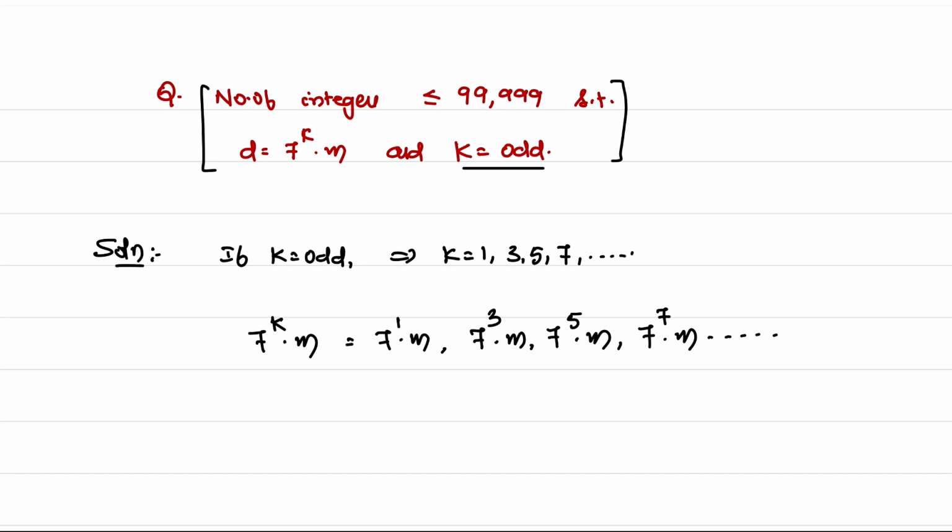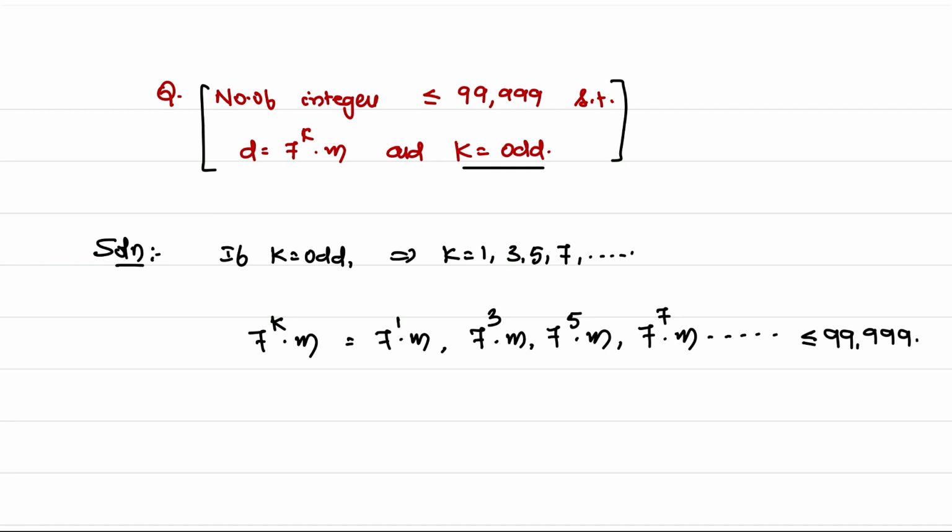Now, we have to find the integers such that they should not exceed, that means less than or equal to 99,999. Now you tell me, a number is given to you.